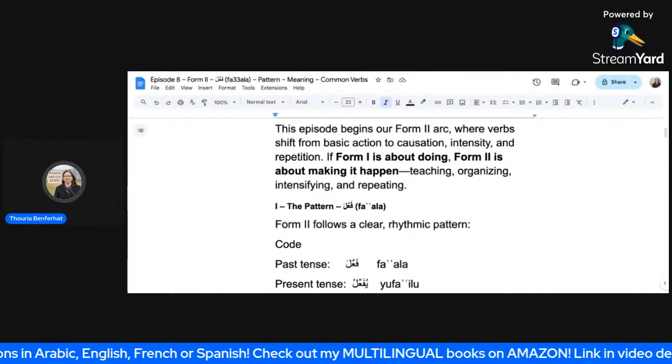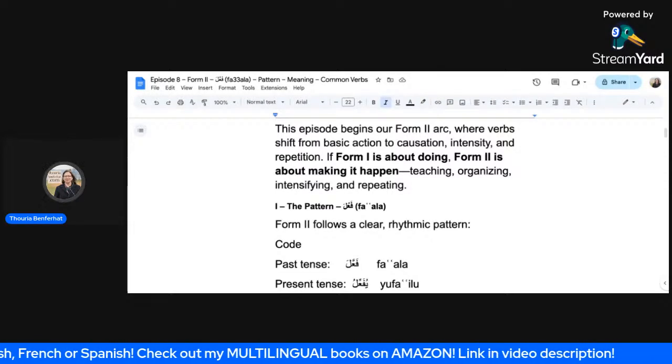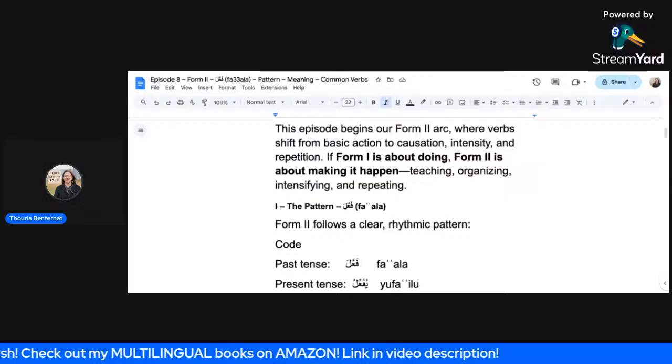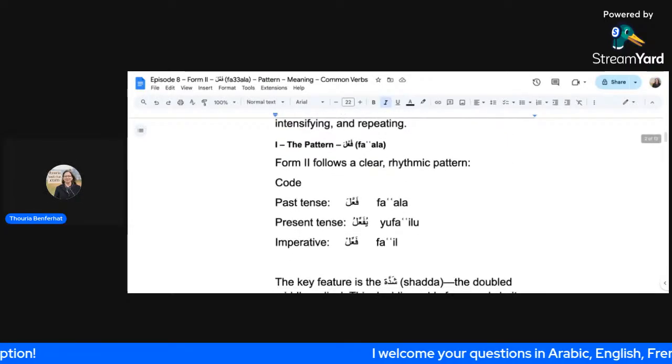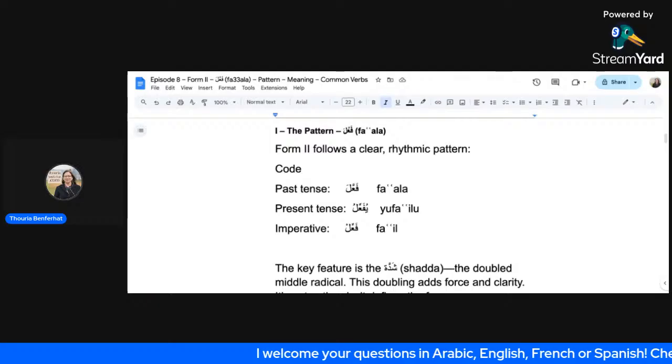If Form 1 is about doing, Form 2 is about making it happen. Teaching, organizing, intensifying, and repeating. The pattern is faʿʁala.